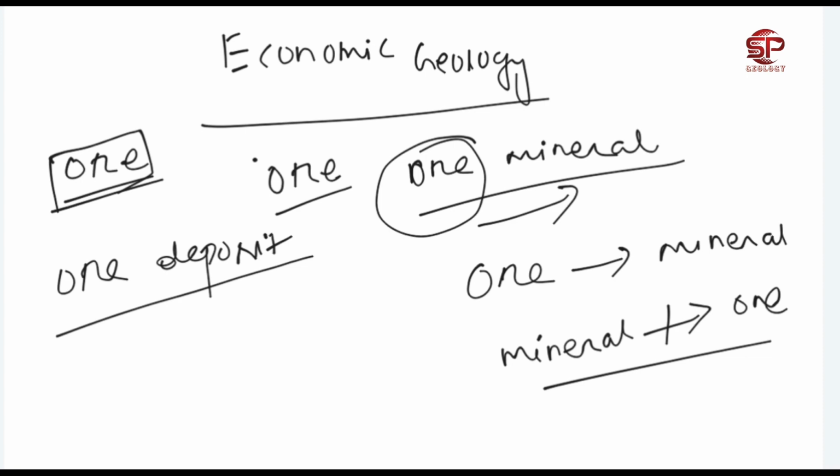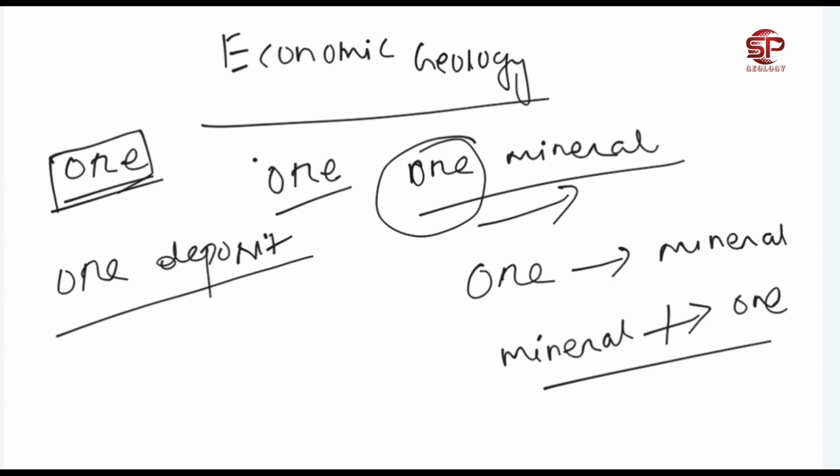So an ore deposit is a natural concentration of one or more metallic or non-metallic minerals, or a combination of both, within a host rock, where the concentration is more than the normal value.